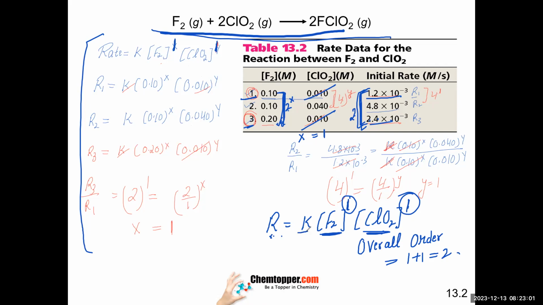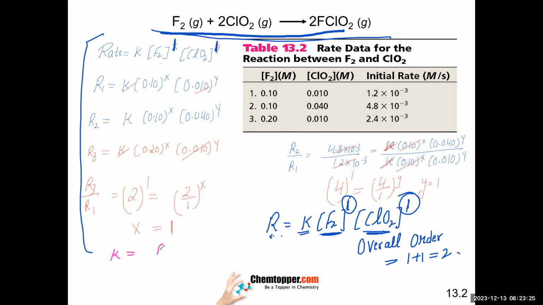What's the value of K? Value of K you can determine from any experiment. Pick up any experiment. And when you're calculating the value of K, please give the value of K with units. So what is K? I'm writing here. Yes, Afan, what is K?